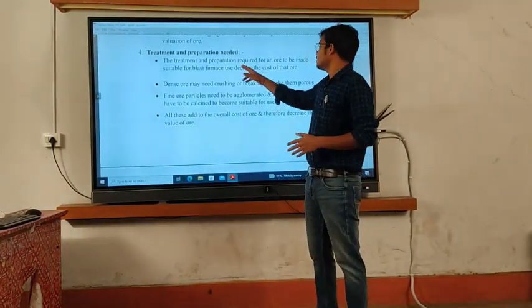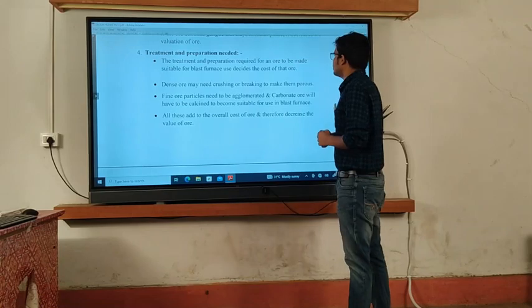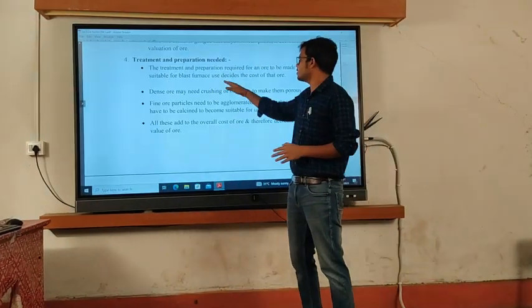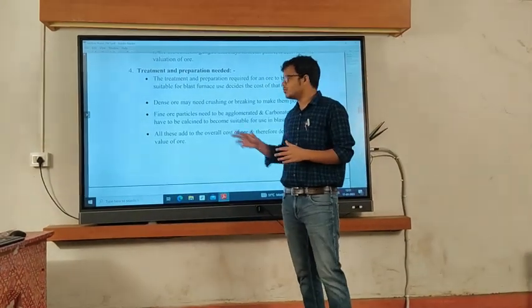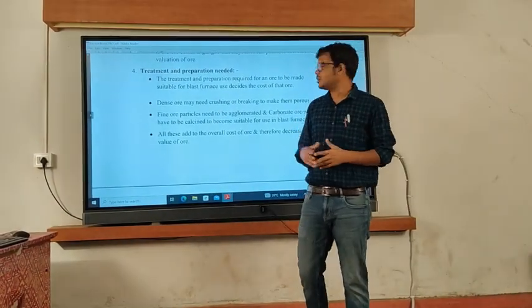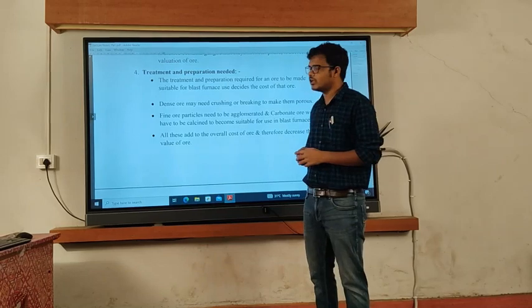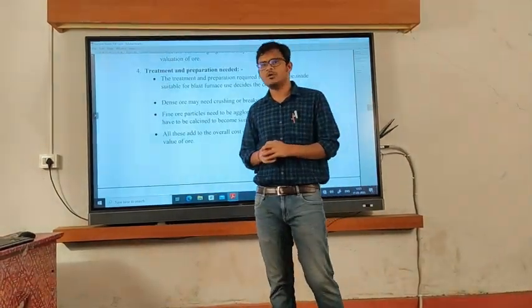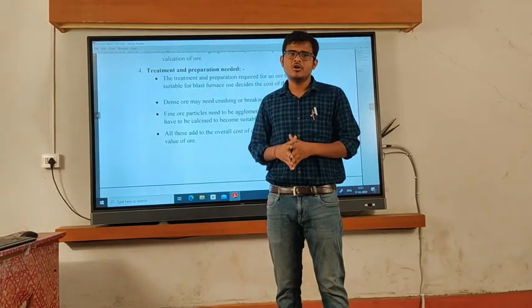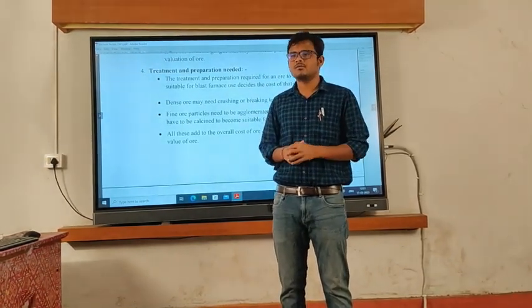The treatment and preparation required to make an ore suitable for blast furnace use decides the cost of that ore. If the ore is dense, then we have to crush it. If the ore is in finer form, then we have to agglomerate it, we have to do sintering, we have to do pelletizing. All these add to the cost of the ore.